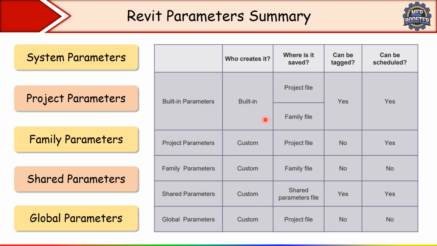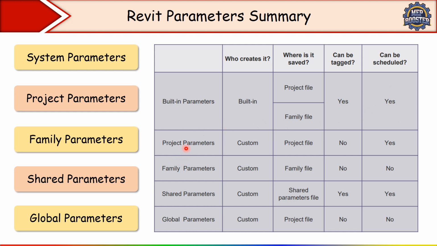You cannot delete them. For example, if you have placed a light or inserted a pipe, the pipe diameter and length, you cannot delete them, and you cannot even rename them. That is called a system parameter. It can be tagged and it can be scheduled. These are system parameters and you did not create them, remember.